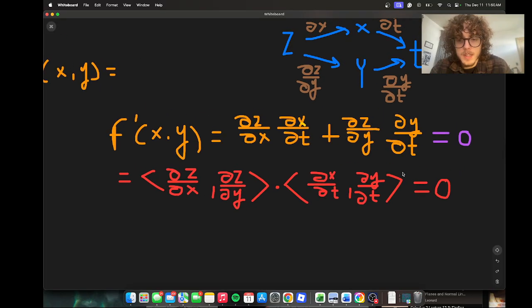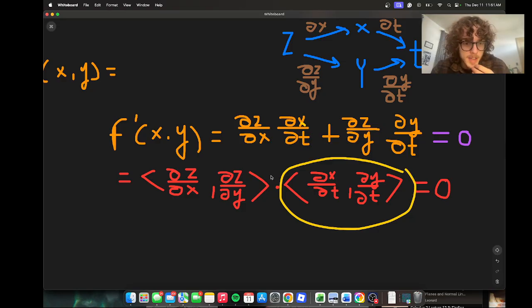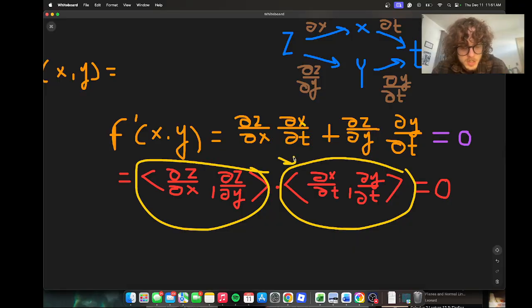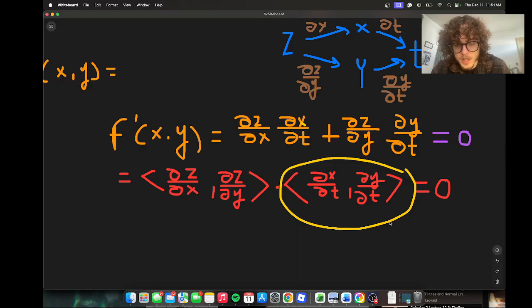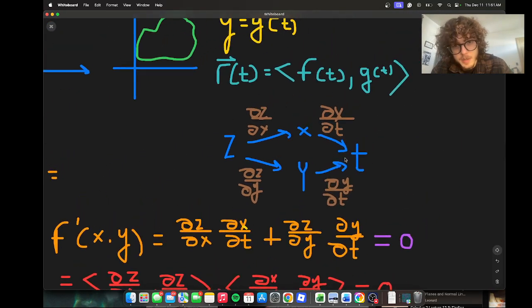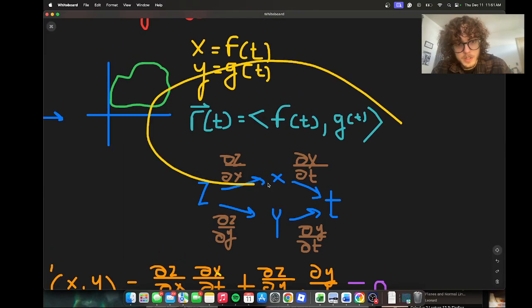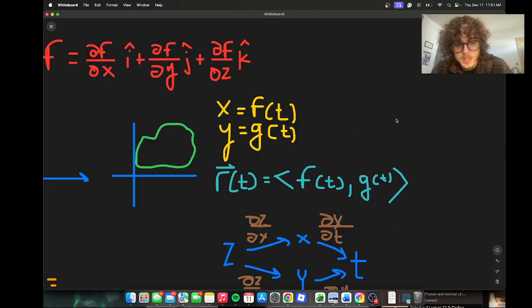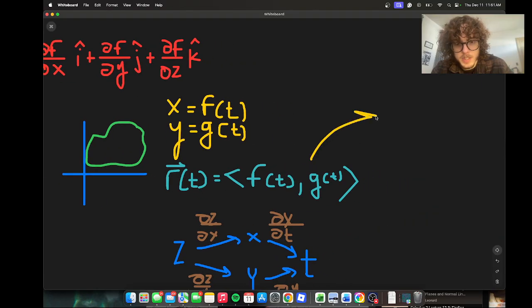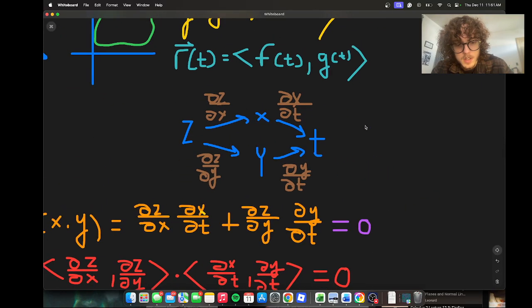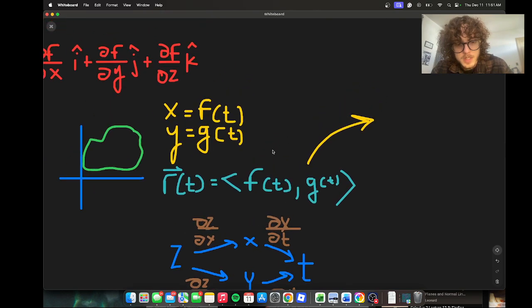But notice, we have this vector, okay? And we have this weird vector. The reason that this one's not weird is because we actually know what this vector is, the one I have circled in yellow. To see it, we need to come up to our vector function. So let's just take a derivative of this and see what we get. This is the x component, this is the y component, right?